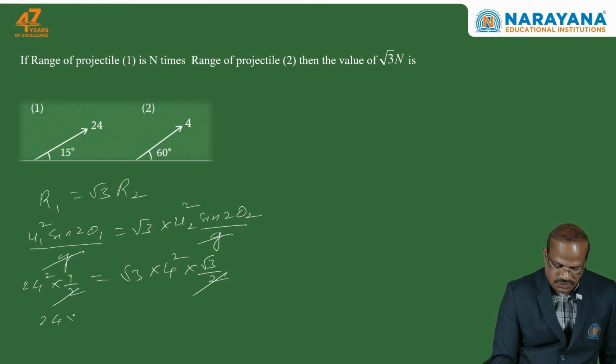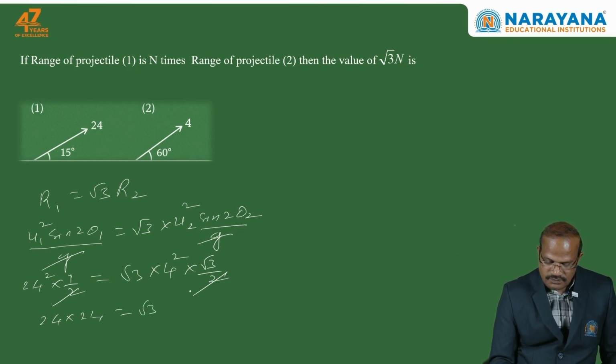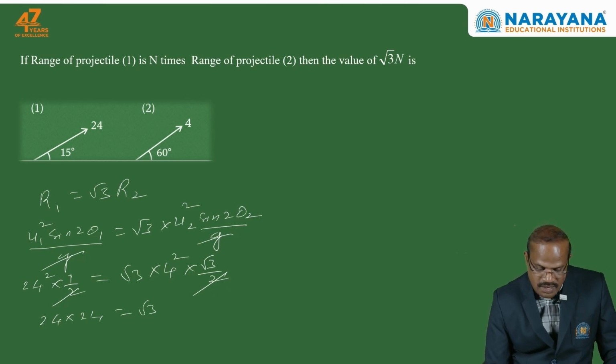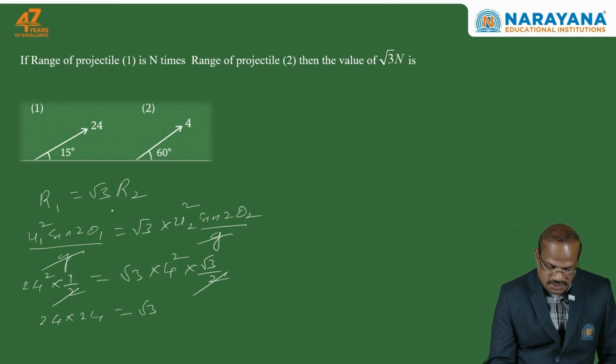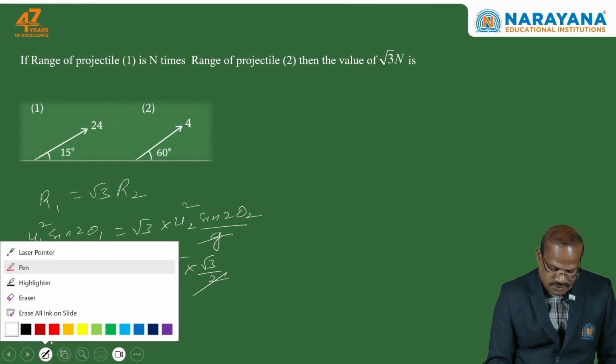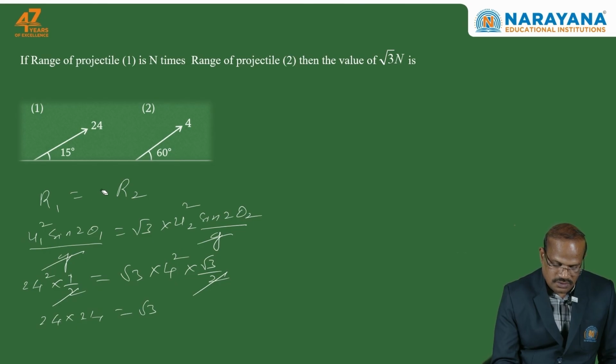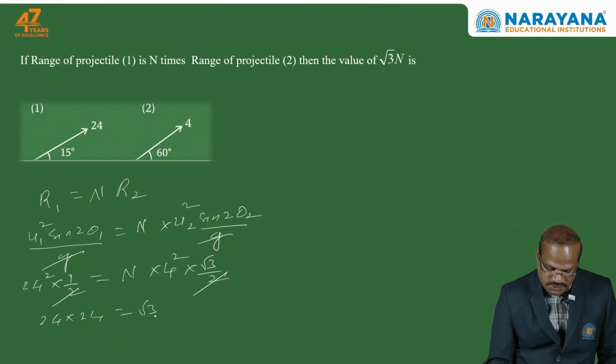So 24 into 24, and on the other side n into 4 into 4 into root 3.